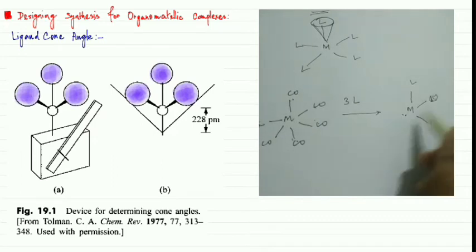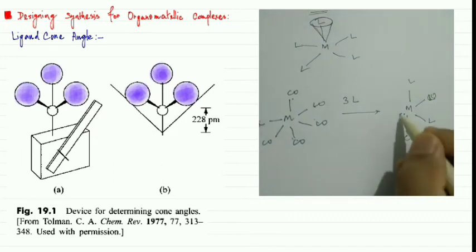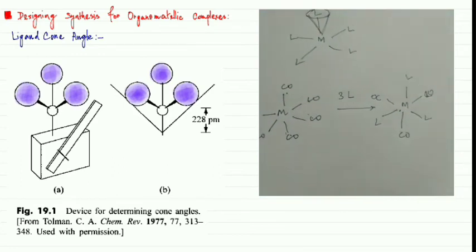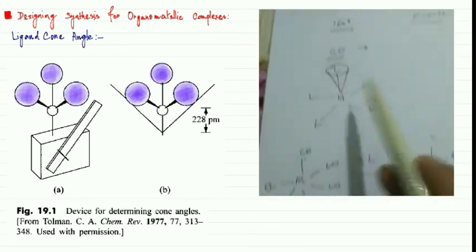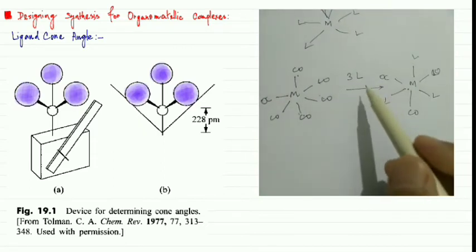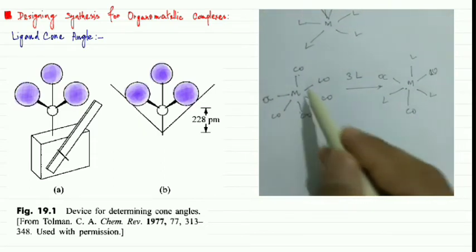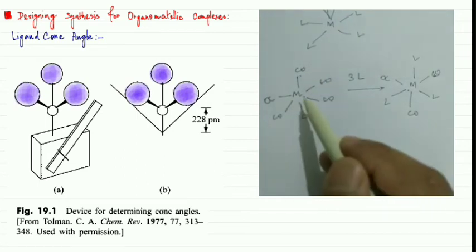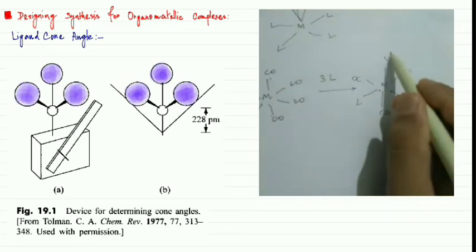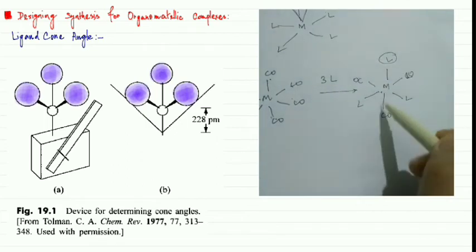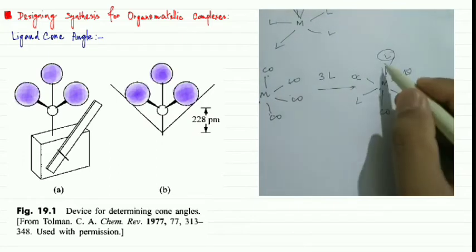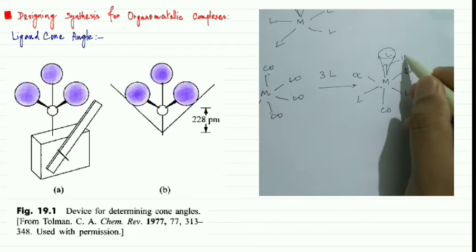This is, let's suppose, a carbonyl ligand carbon. The meaning of this is that we can replace those 3 carbonyl ligands from the complex if, in the newly formed complex, the ligand forms a cone angle of less than 160 degrees.